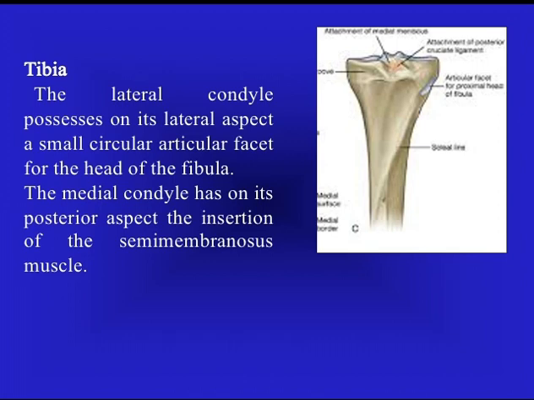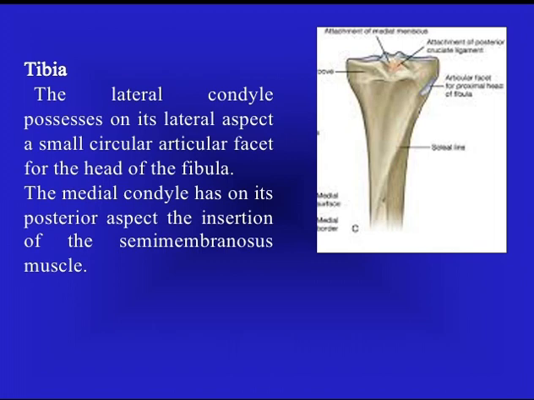The tibia's lateral condyle possesses on its lateral aspect a small circular articular facet for the head of the fibula. So the lateral upper part of the lateral condyle contains a depression for the articulation of the head of the fibula at the superior tibiofibular joint, which is a synovial joint.